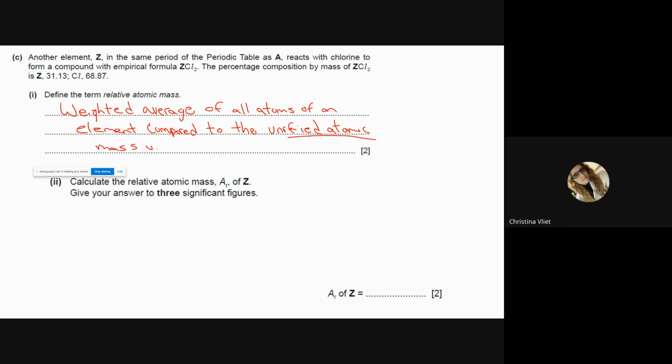You don't have to say 1/12 of carbon 12 anymore. If you do, that's fine. But they say compared to the unified atomic mass unit is the official explanation now. One mark for the weighted average of all atoms, and 1 mark for unified atomic mass unit. That's 2 points for the definition and then 2 points for the math.